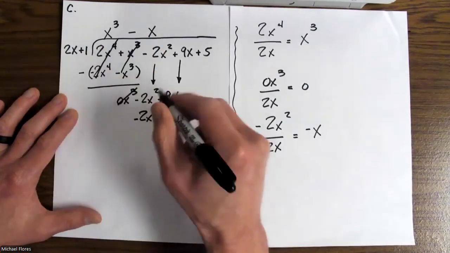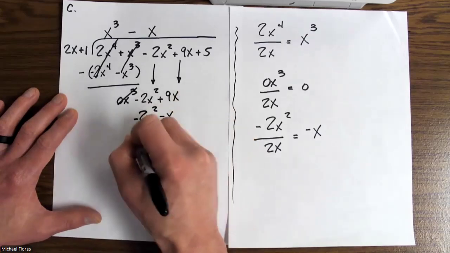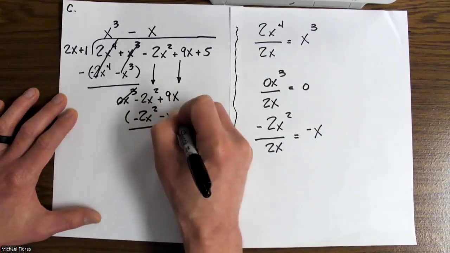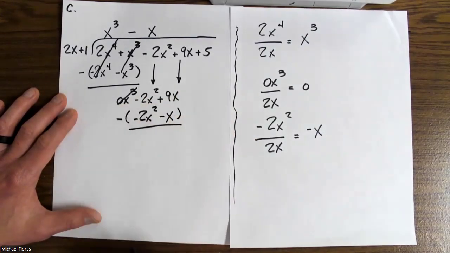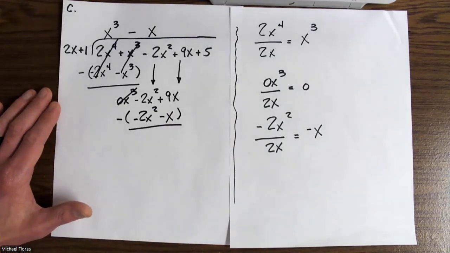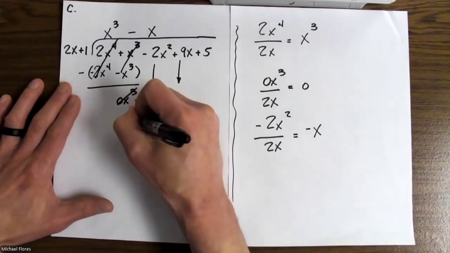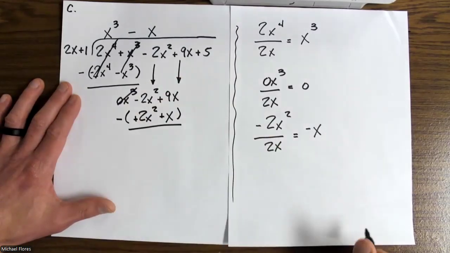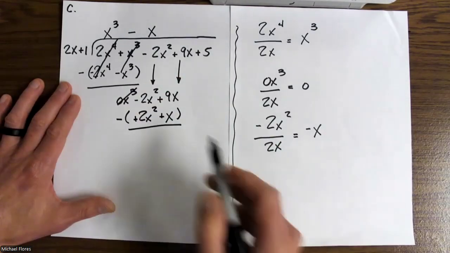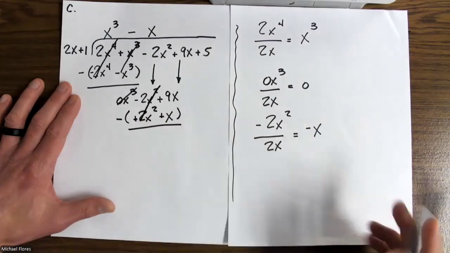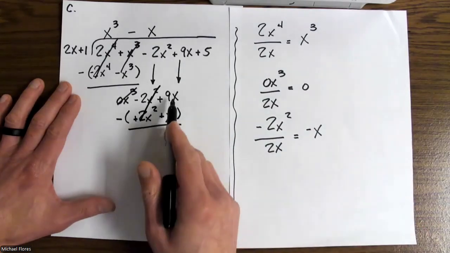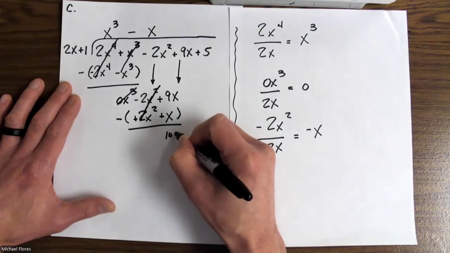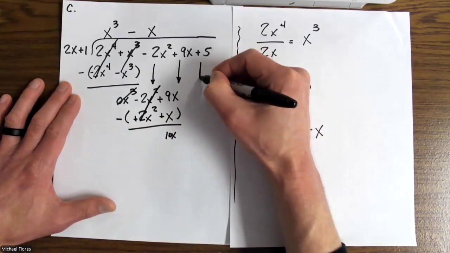Negative x times 1 is negative x. Underline, wrap, negative. If you distribute the negative throughout the parentheses, everything changes. Those cancel. 9x plus x is 10x. Let's drop down that 5.